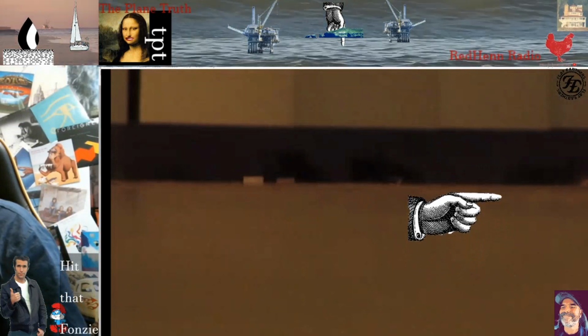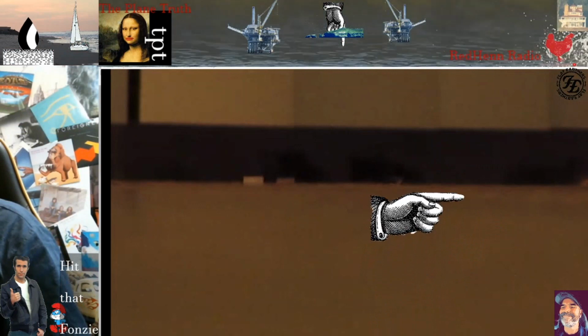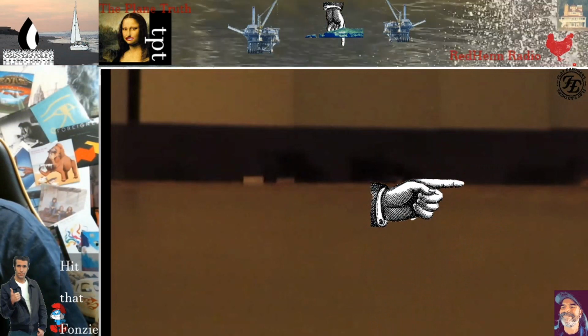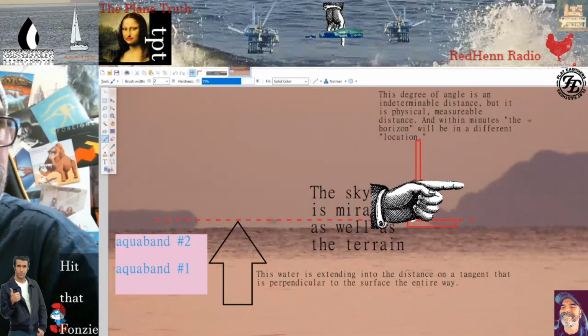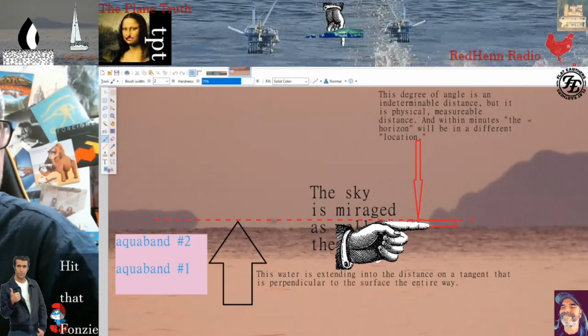Here's the ocean. This is where the water stops.